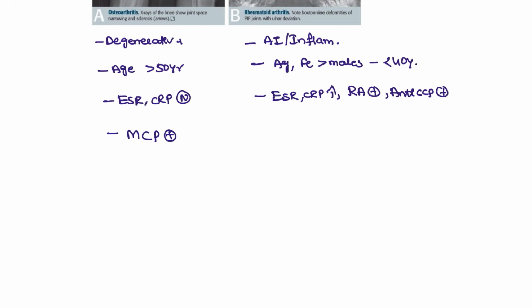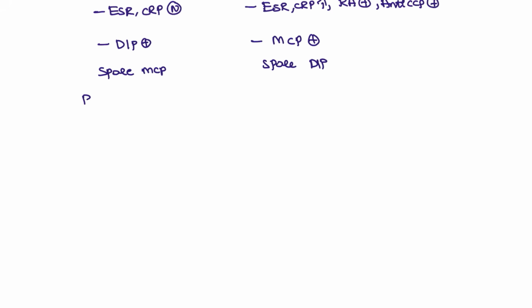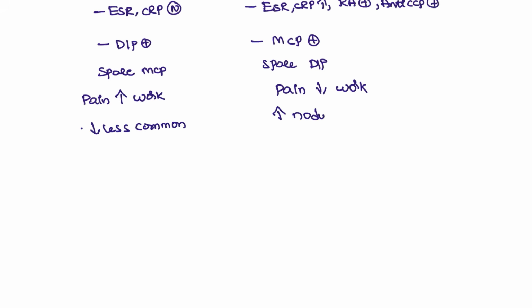Okay, sorry. In osteoarthritis, most importantly it will include the DIP joints, and in rheumatoid arthritis it will include the MCP joints most commonly, and it will spare the DIP. Pain will be decreased with rest and increased with work in osteoarthritis, and here pain will be decreased with work. Extra-articular features are less common in osteoarthritis, but in this condition they are more common, for example nodules, uveitis, and other systemic autoimmune conditions are also seen in this patient.